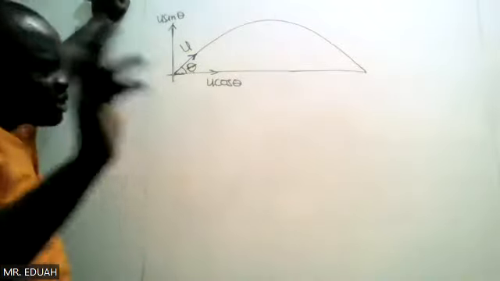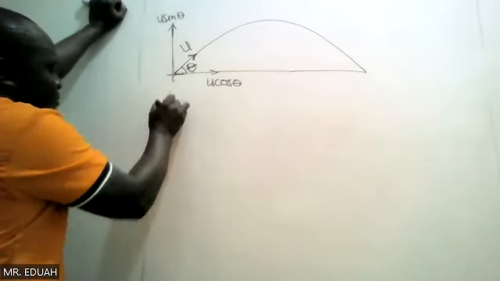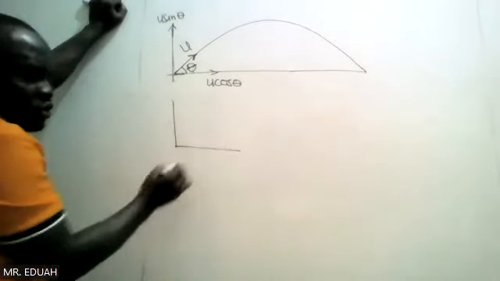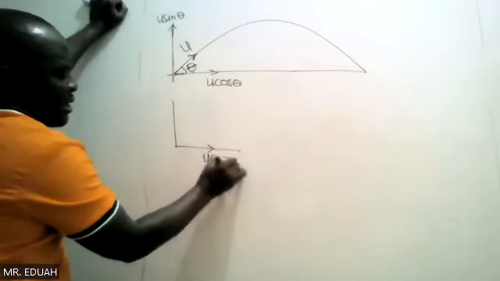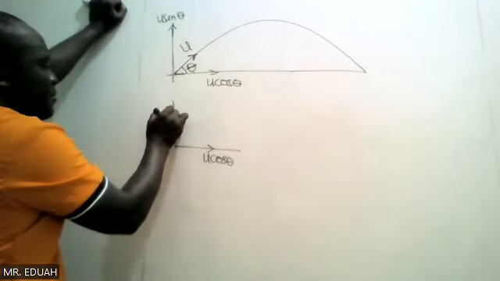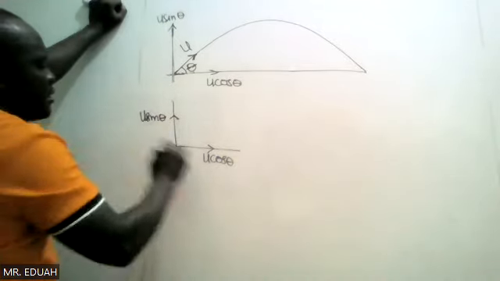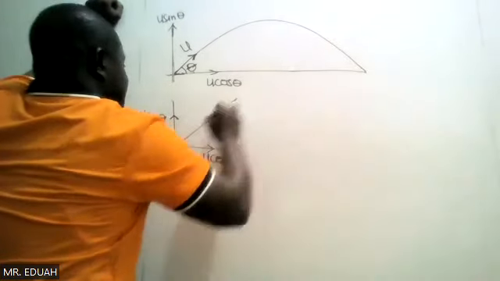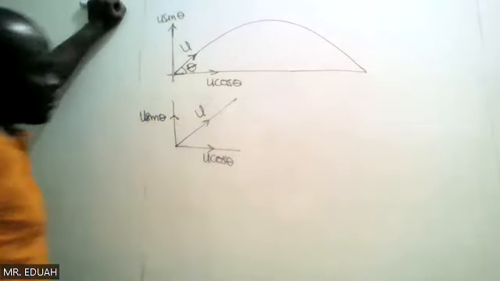Now, you also need to understand that what we have is like this. Vertical part, horizontal part. So u cos theta, u sin theta. The diagonal is the velocity of projection, which is u.